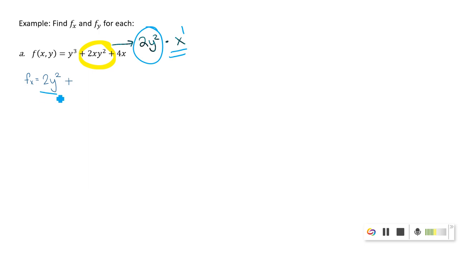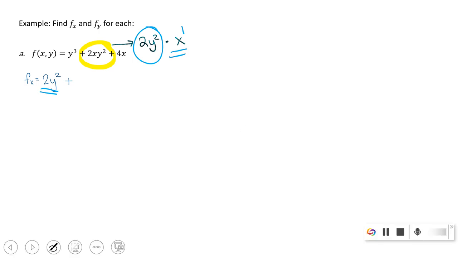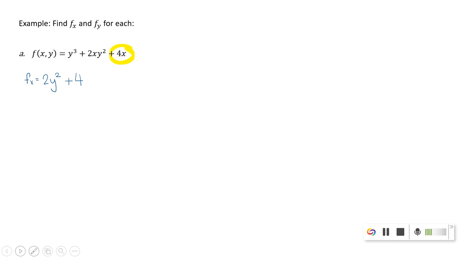And so the derivative of that term is just 2y squared. Same reasoning as if you had a 5x, your derivative would just be the 5. All right, so term number 3, the 4x, derivative of that would be 4. So my partial with respect to x is 2y squared plus 4.